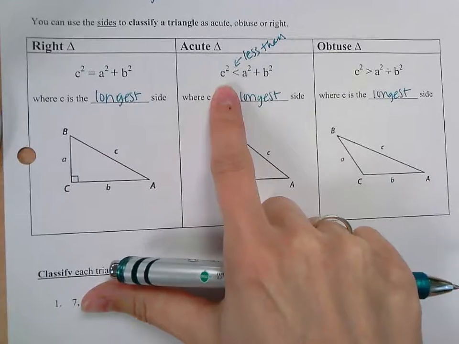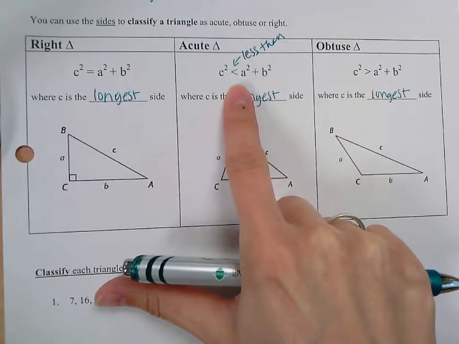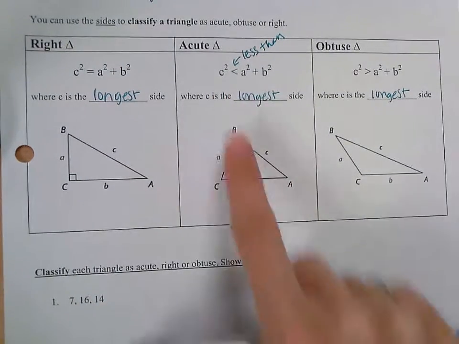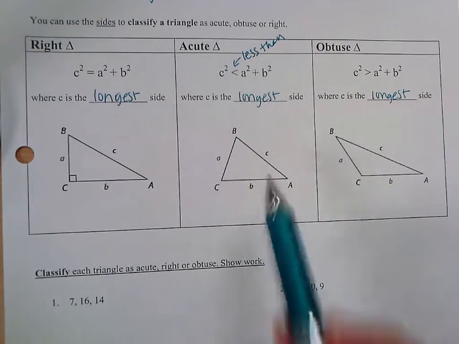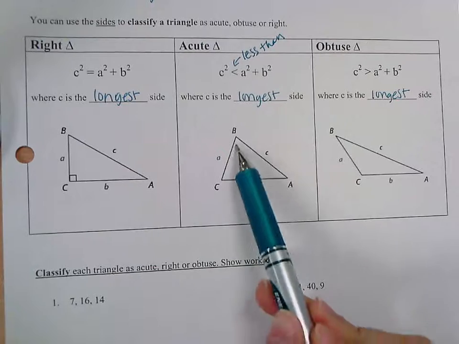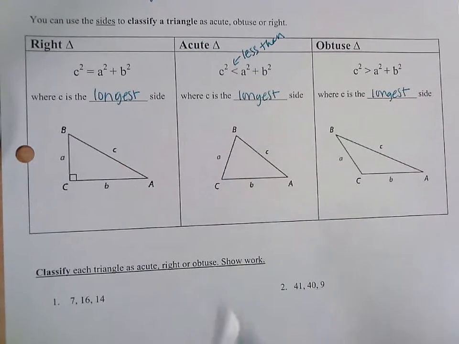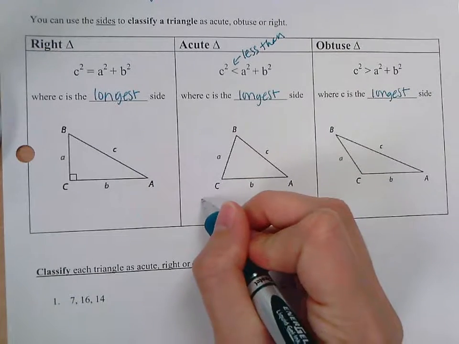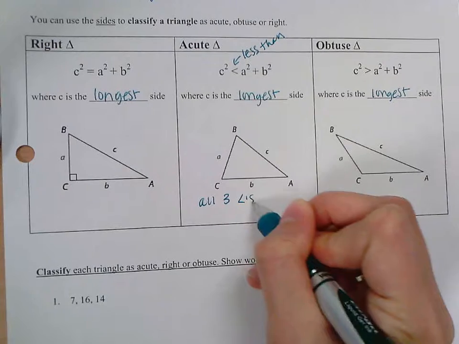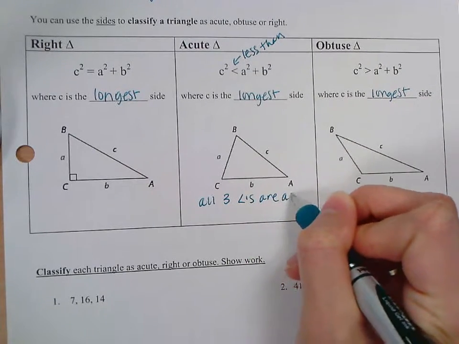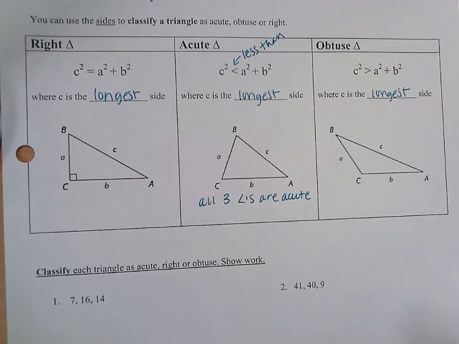So if C squared is less than, smaller than, a squared plus b squared, then you have what's called an acute triangle. An acute triangle is where all three of your angles are acute. What does acute mean? Less than 90. So all three angles are acute in an acute triangle.